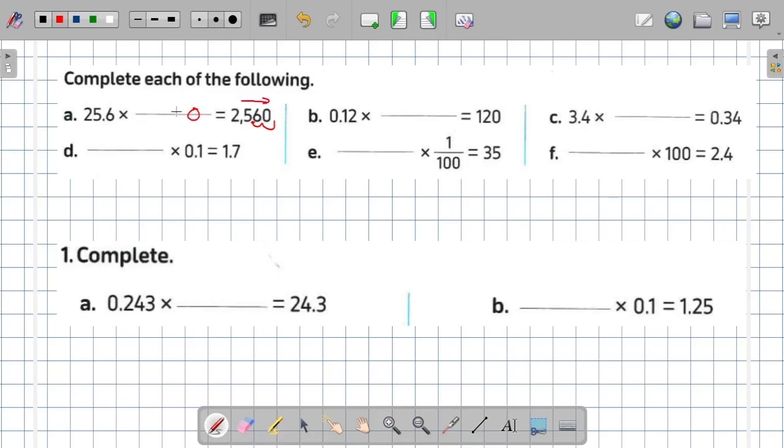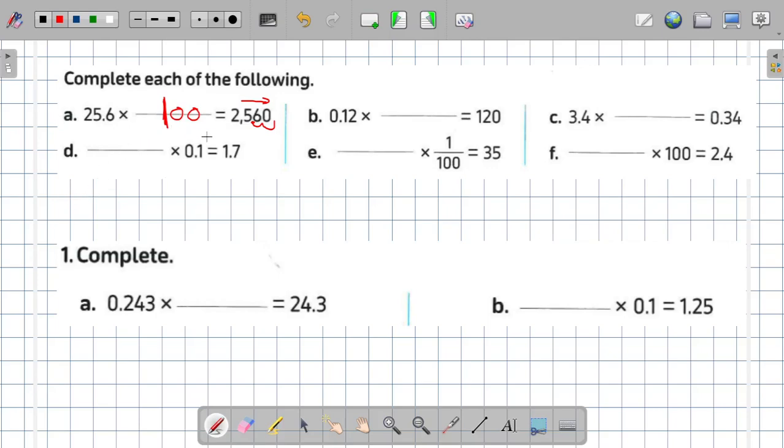So I have 2 zeros, and to the right means it's 100. So I think the missing number is 100. Let's remember, if I want to multiply by a whole number in powers of 10, the decimal point will be moved to the right.